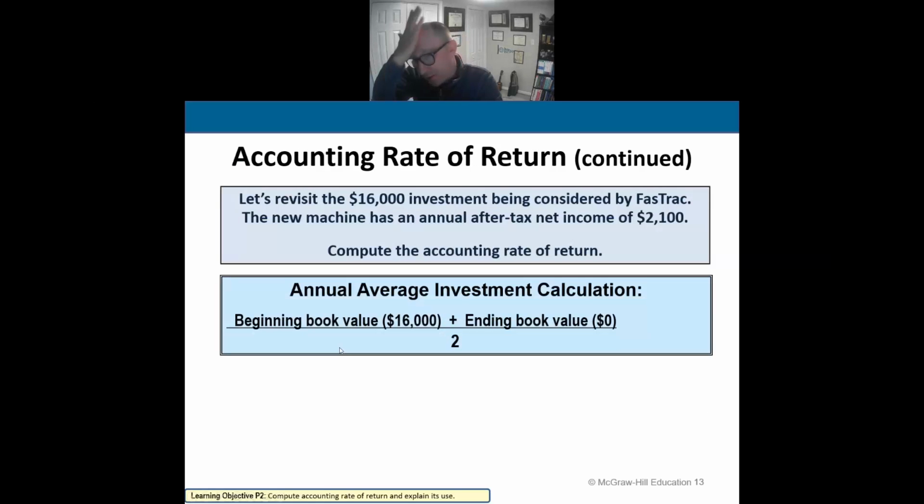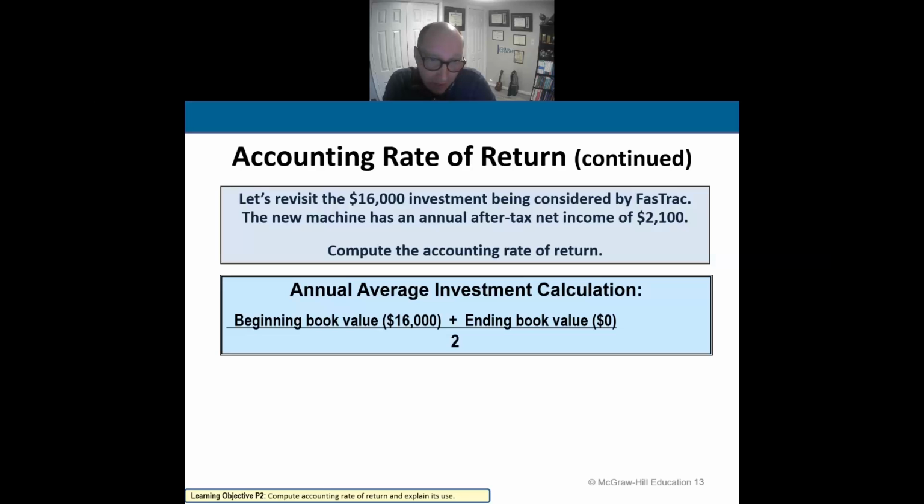So if we look at our example of buying that $16,000 piece of machinery, I can calculate the accounting rate of return. So the book value of the machine, 16,000. It's new, right? That's why it's still worth 16,000. Plus ending book value, 0.